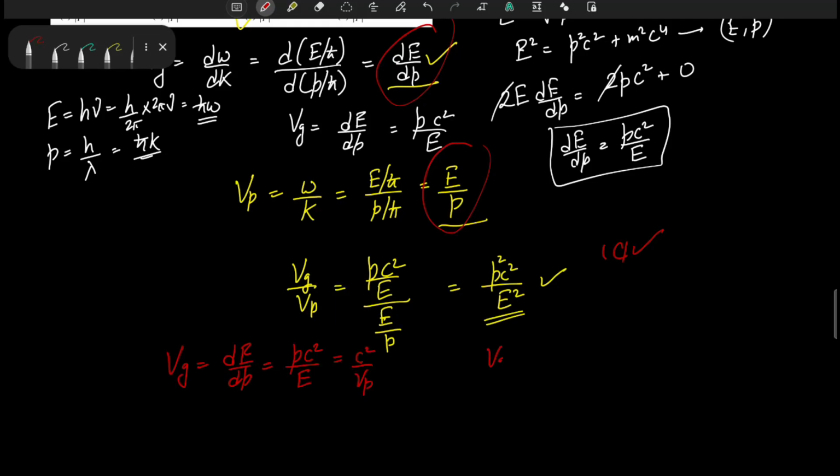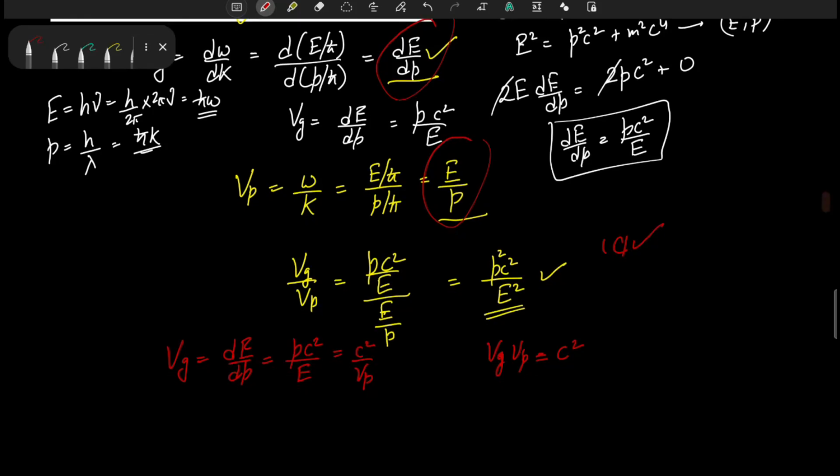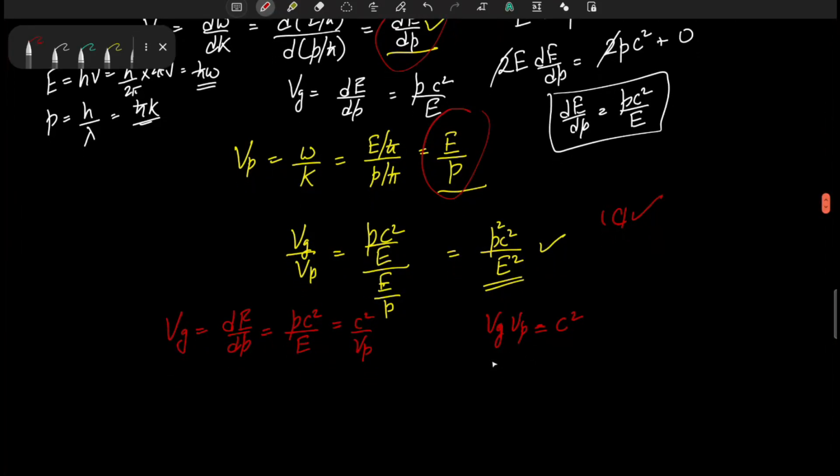So we will get another relation, which is Vg·Vp is equal to c². This relation is also important. They can ask about this relation also. So now you can multiply and divide by Vp, because you want to calculate Vg/Vp.